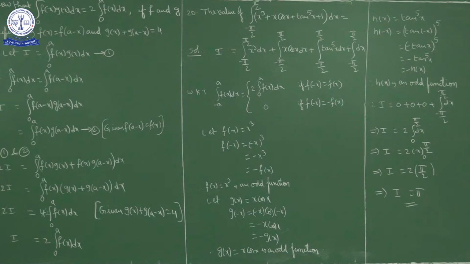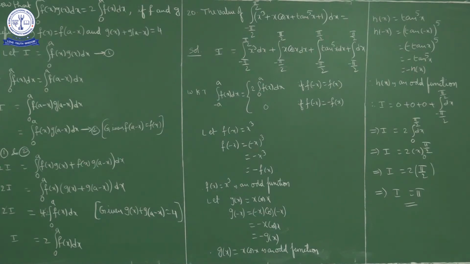Okay, whenever we have integral minus a to a, like minus pi to pi or minus pi by 2 to plus pi by 2, in such cases first you check whether the given function is an even function or an odd function.